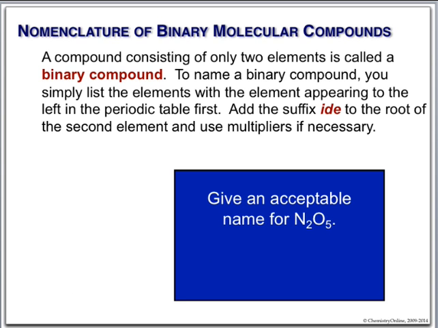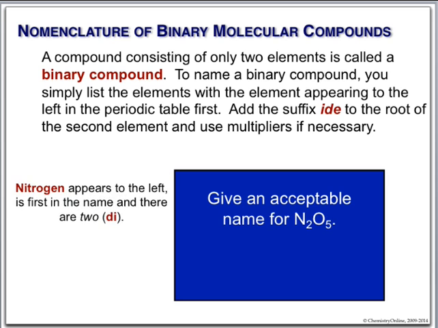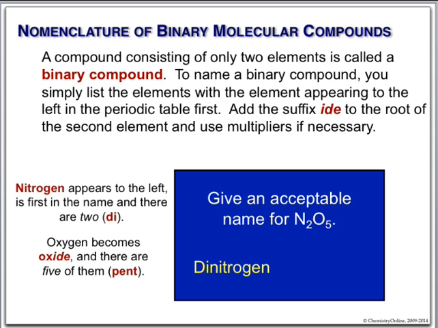Once again, we have two nitrogens here. So we know our first word is going to be dinitrogen. We have 5 oxygens. How do we say 5? Well, that's penta, isn't it? So we would write this as pent oxide.